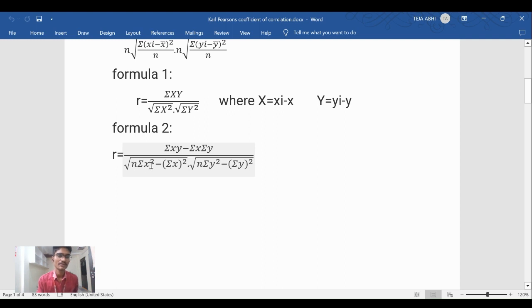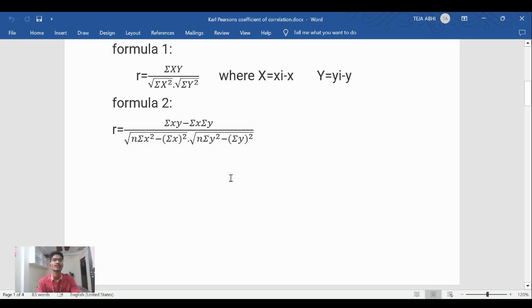And here we have to find the value of x square and its summation, and similarly the value of y square and its summation. Here we also have to find the summation of x and then square it, and the summation of y and then square it.